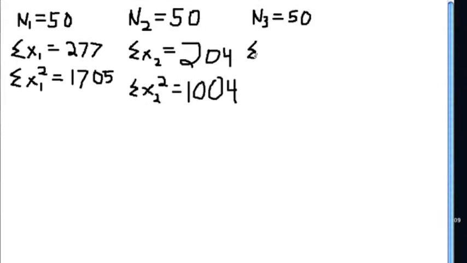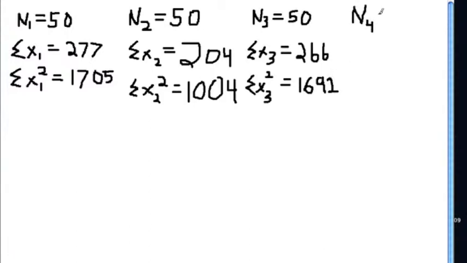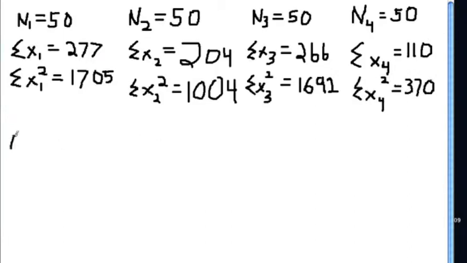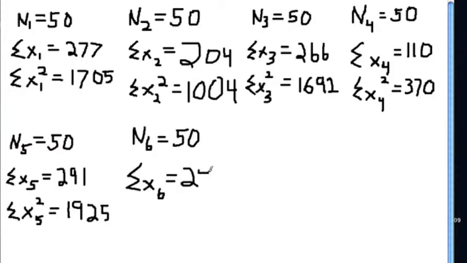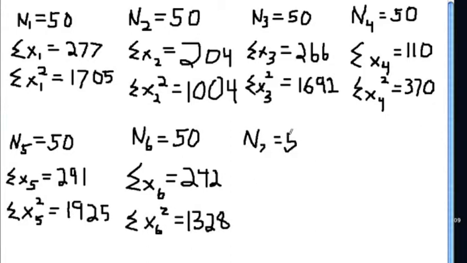Sum of x3 is 266, sum of x3 squared is 1691, n4 is 50, sum of x4 is 110, sum of x4 squared is 370, n5 is 50, sum of x5 is 291, sum of x5 squared is 1925, n6 is 50, sum of x6 is 242, sum of x6 squared is 1328, and n7 is still 50, with sum of x7 being 261 and sum of x7 squared 1507.